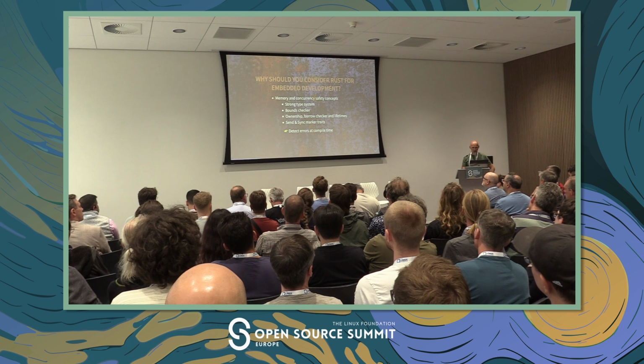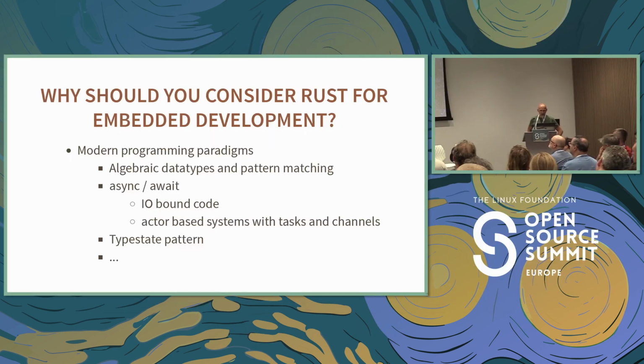But there are more benefits of using Rust. Rust is a very modern programming language with concepts from functional programming languages like algebraic data types and pattern matching, if you know them. You have support for async await, which means you can write more efficient IO-bound applications than with threads.